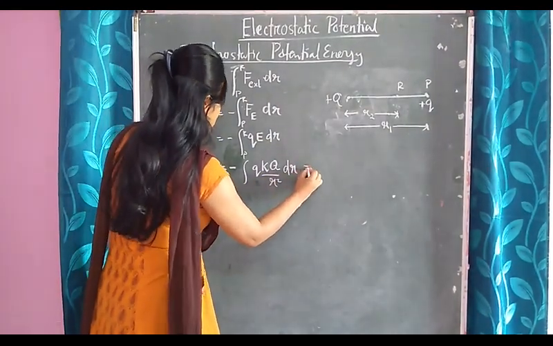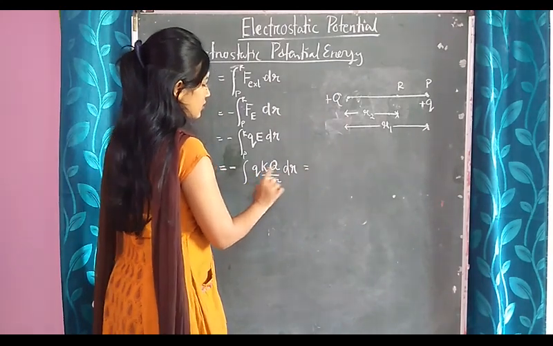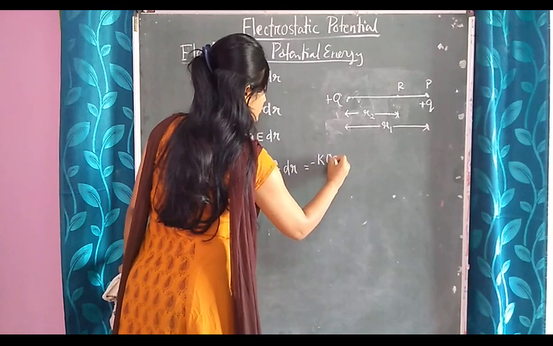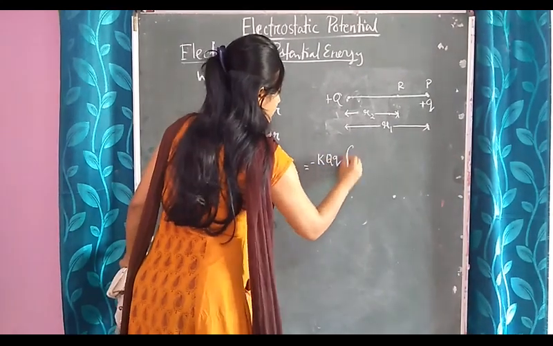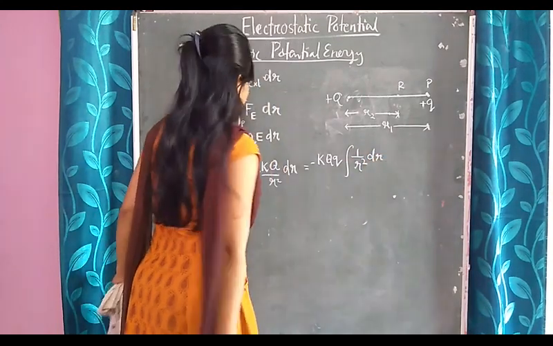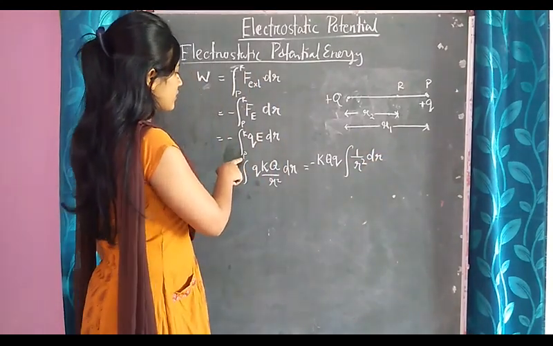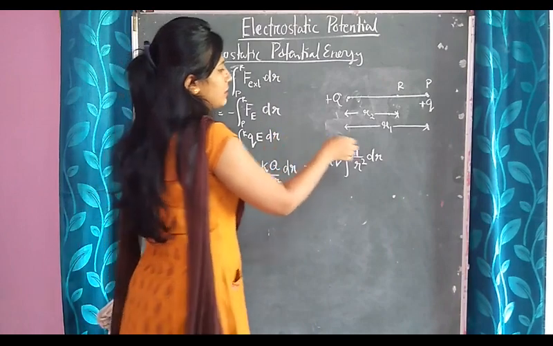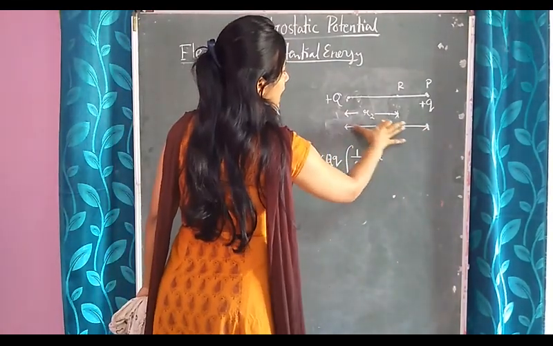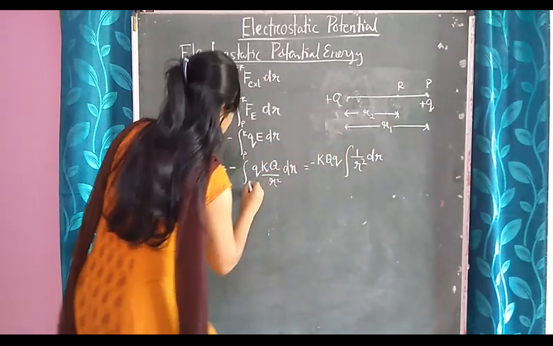So now I will take common this one, minus of KQQ and integration of 1 by R square dR. And since it is from P to R, that means for dR limit we will put R1 to R2.